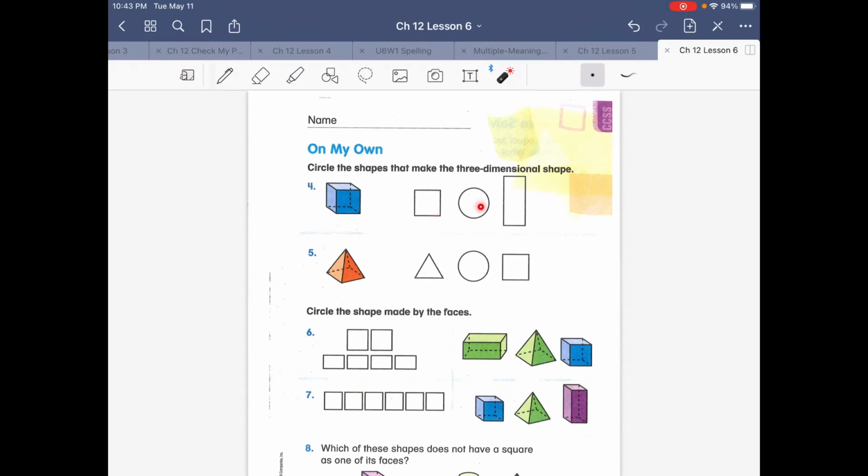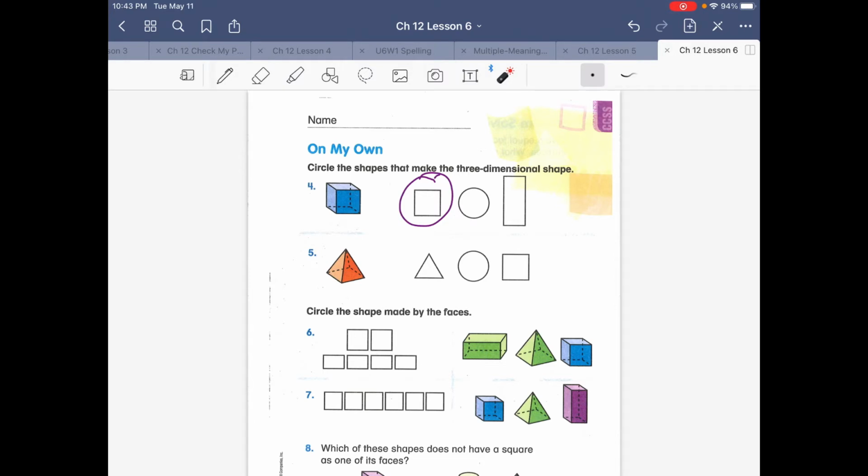Is it a square, a circle, or a rectangle? Did you circle the square and the rectangle? I hope not. Tricked you. There are no rectangles in a cube. They are all squares. So all 6 faces are square faces.